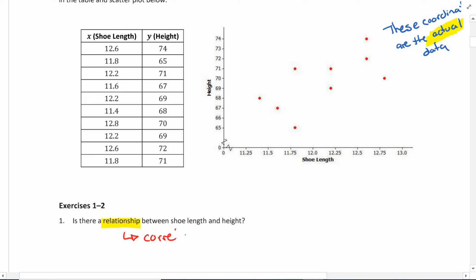So is there a correlation between shoe size and height? And yes, there is a correlation between shoe size and height. As one increases, the other one does increase. So again, if we want to be more specific, we can also say there is a positive correlation between shoe length and height. Shoe length and height.